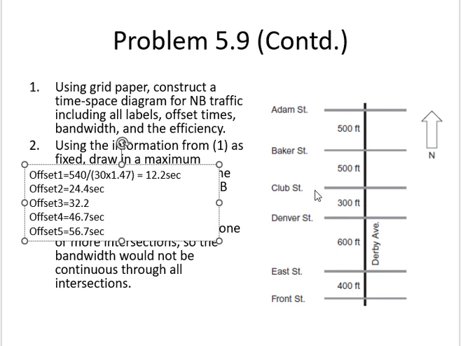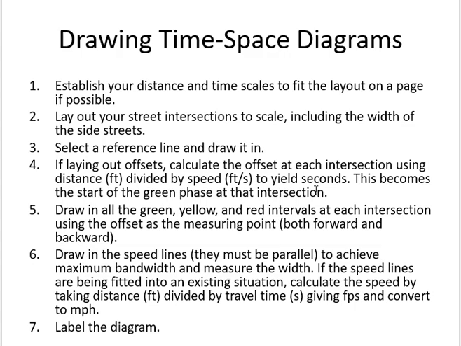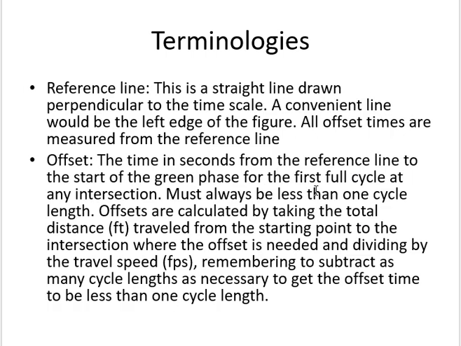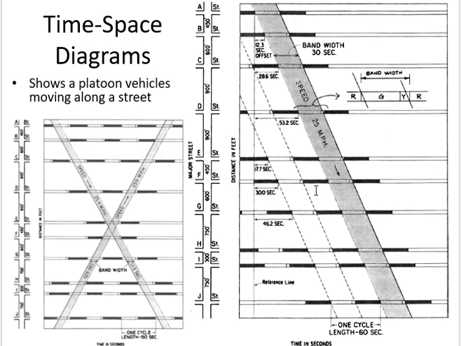Okay, so we did not cross the cycle length in any of these instances. So we know the offsets, we know when the first green should start. Now I need to know the bandwidth. In bandwidth, I need to plot the green time. For the green time, I know when the green time will start. Now I want to know when the green time will end.